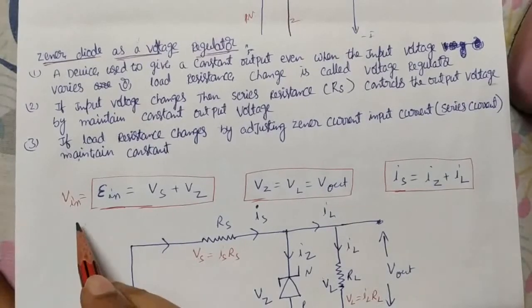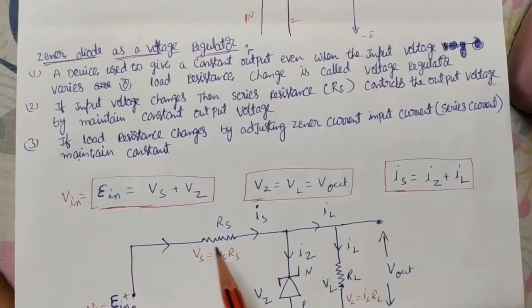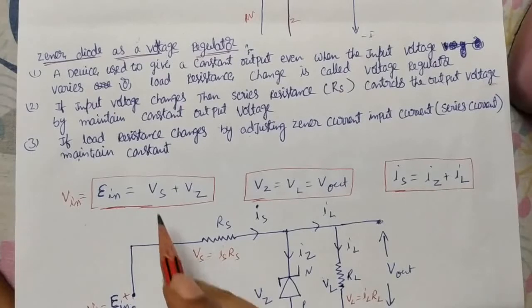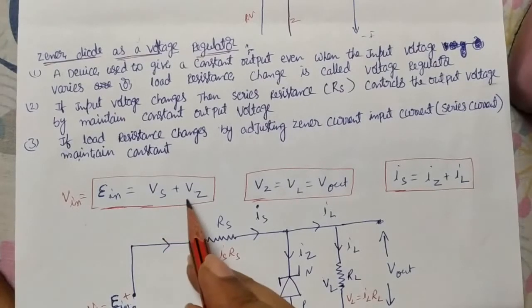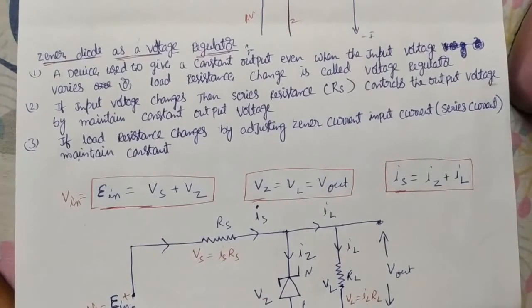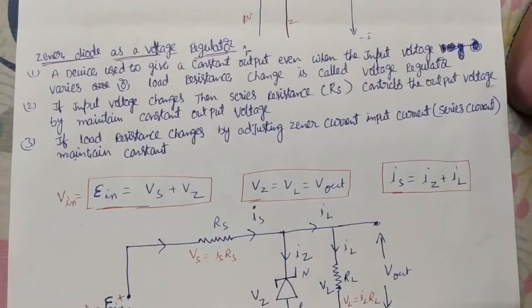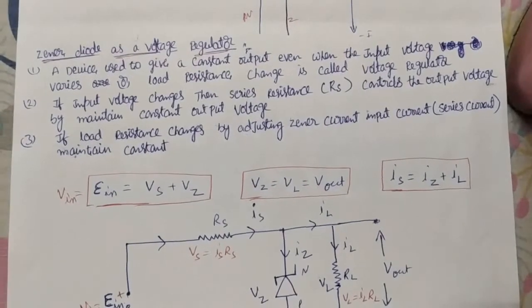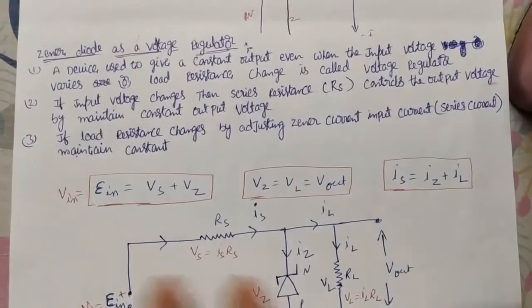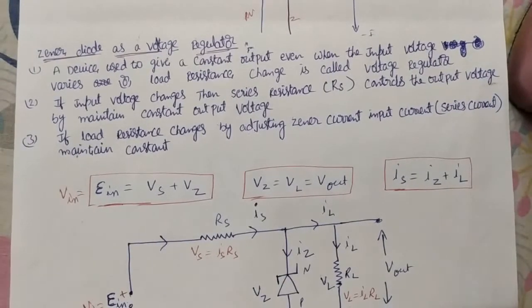So the input potential Vin will be divided into two parts: one is across the series resistance, the other is across the Zener diode. Now we'll see how the Zener diode works as a voltage regulator. This total circuit is a voltage regulator.